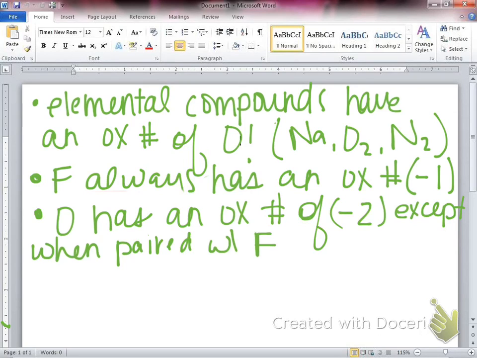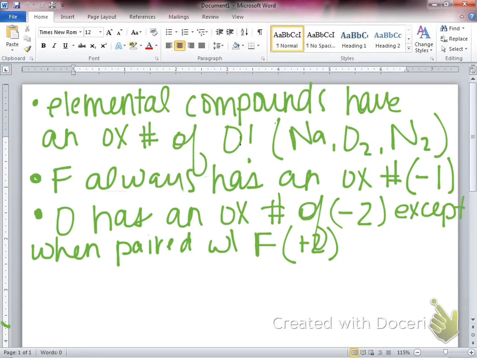The oxidation number of oxygen is always -2 unless it's paired with fluorine. If it's paired with fluorine, then it takes on a +2 oxidation number. That's the only exception. Otherwise, if it's paired with anything else, it gets its -2. It gets to keep its regular charge as its oxidation number.